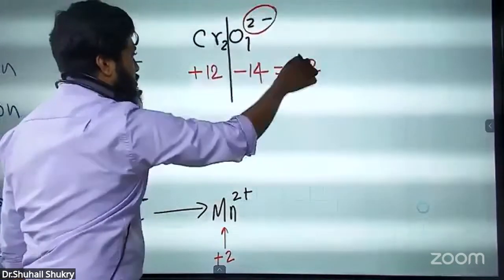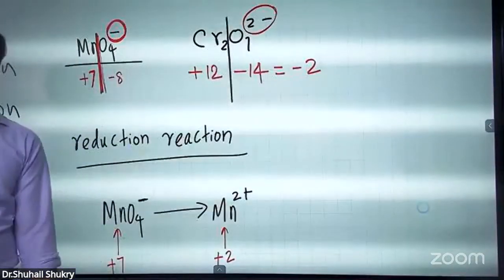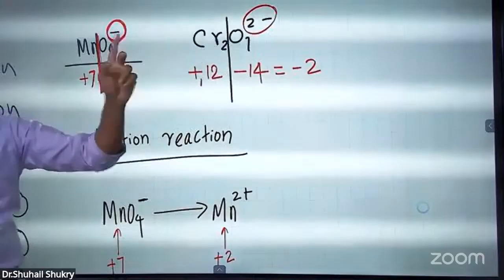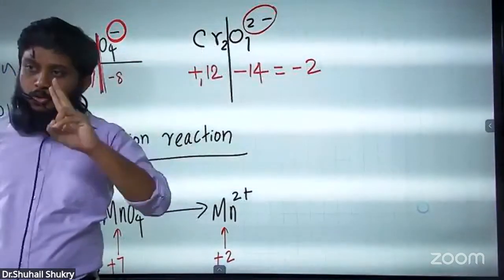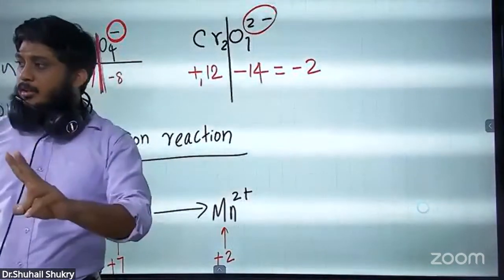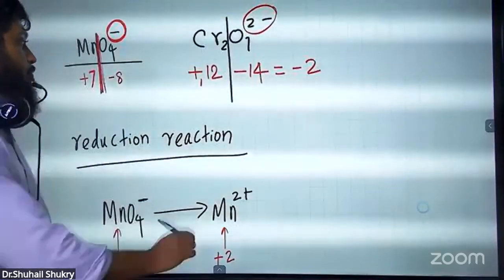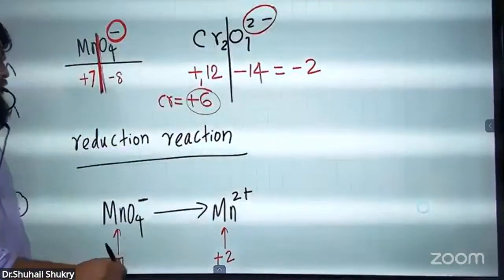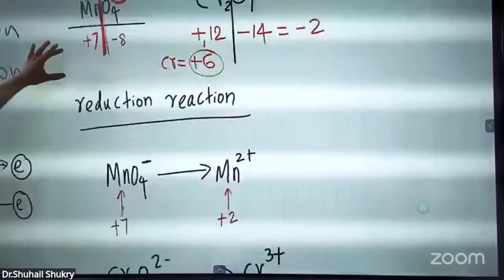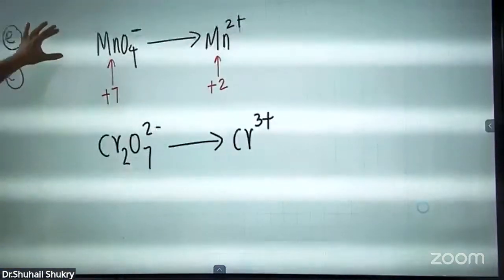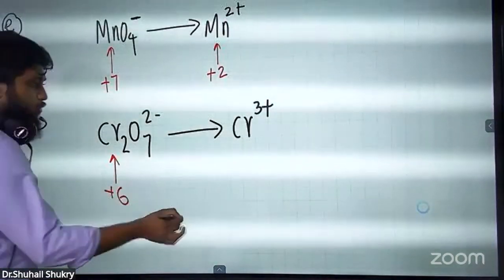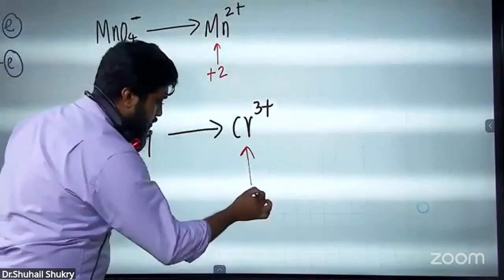How many chromiums are here? 2 chromiums are plus 12. Then 1 chromium is plus 6. This chromium is in plus 6. This plus 6 chromium is going to what? Plus 3 chromium.